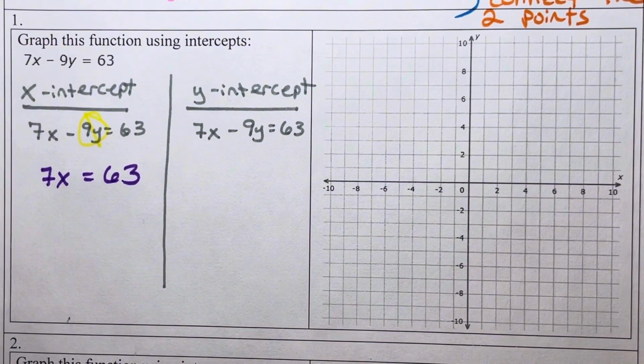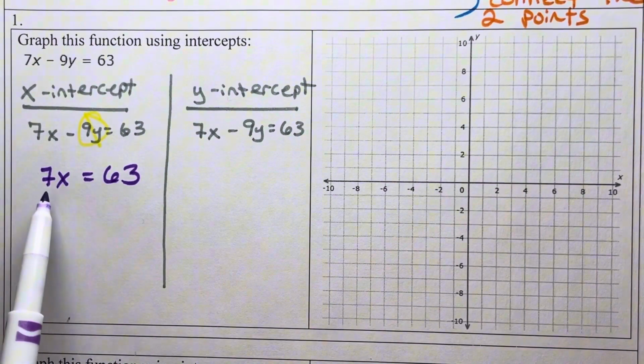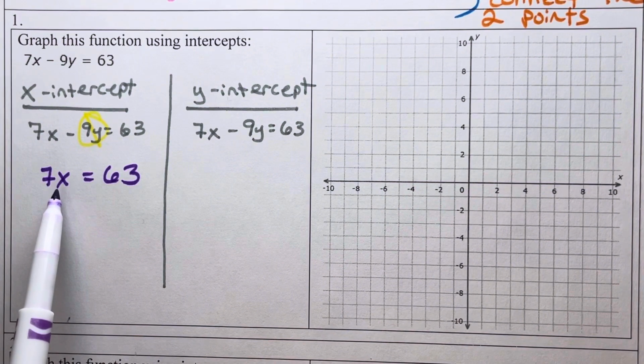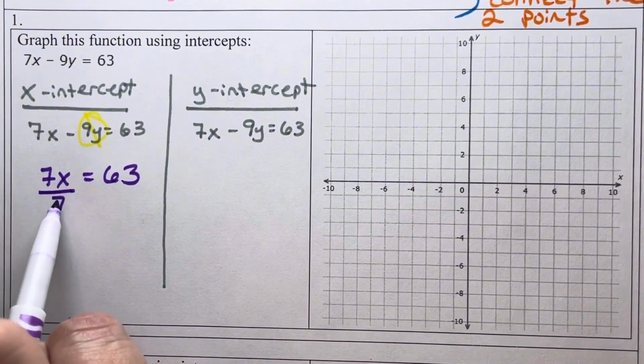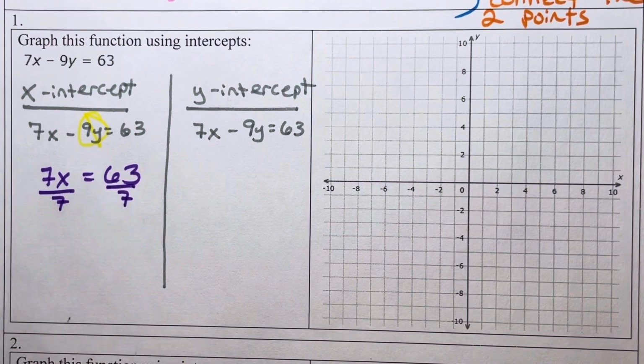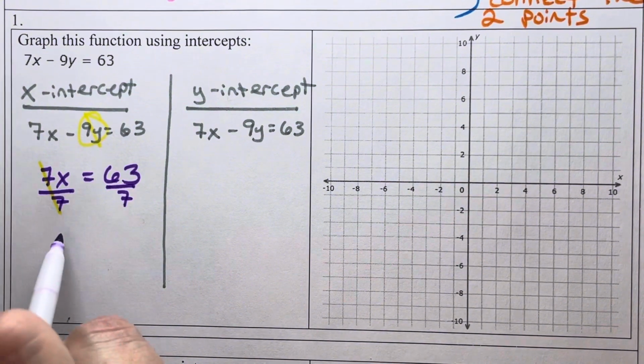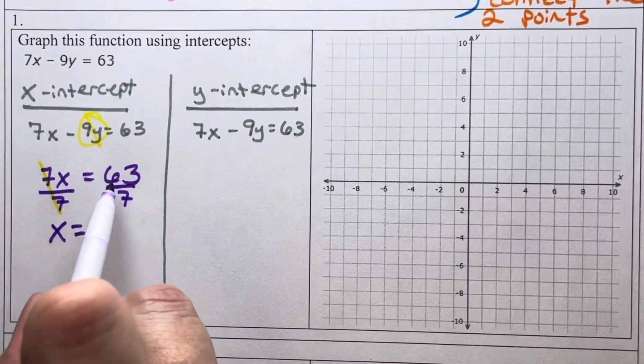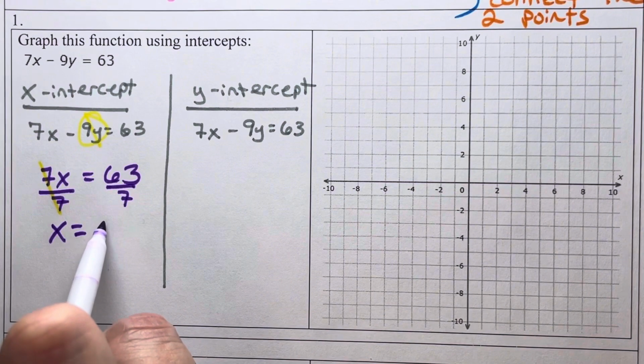Our third step is the if necessary, solve by dividing. And it is necessary here, and we know that we have to solve because there's a 7 with our x. Divide both sides as instructed to solve for x. Our 7's cancel out, leaving us with an x-intercept of 63 divided by 7 being 9.